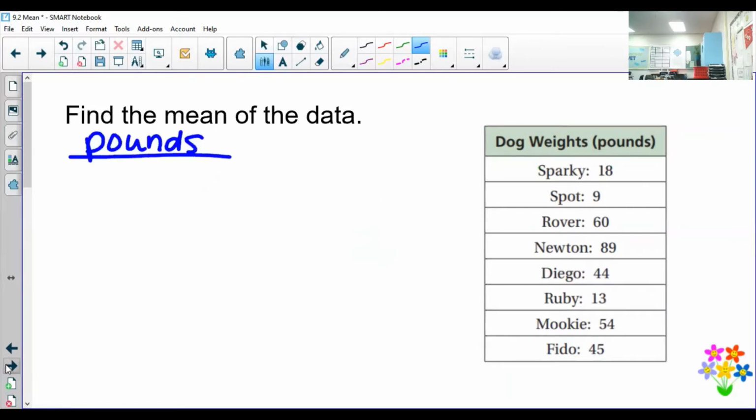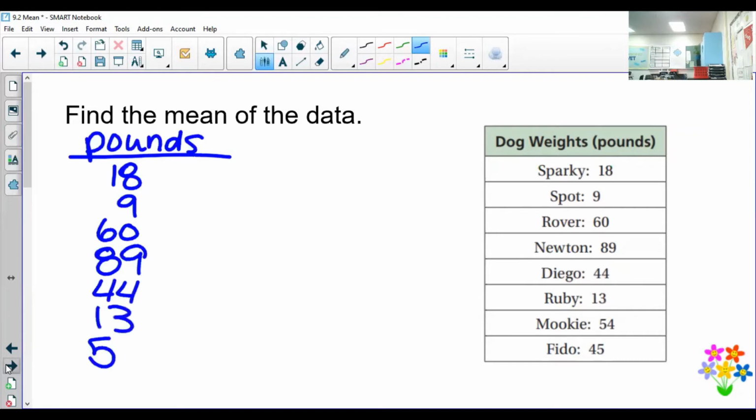So we have 18 plus 9 plus 60 plus 89 plus 44 plus 13 plus 54 plus 45. Okay, pause.